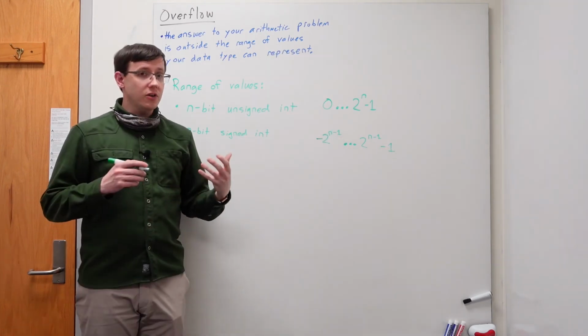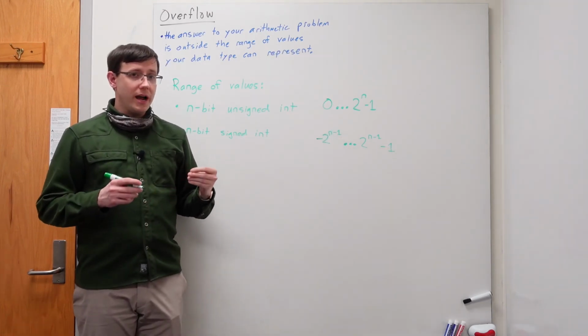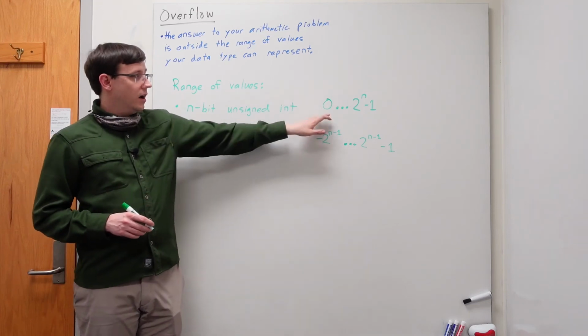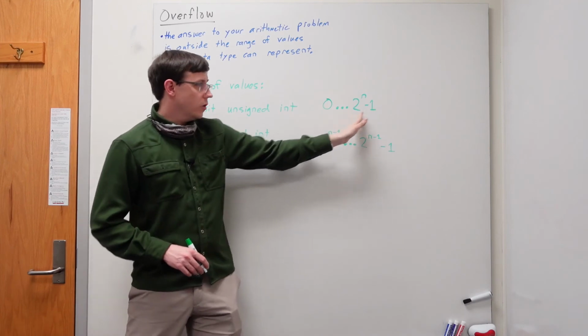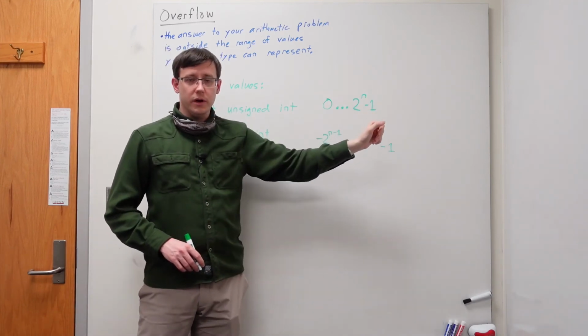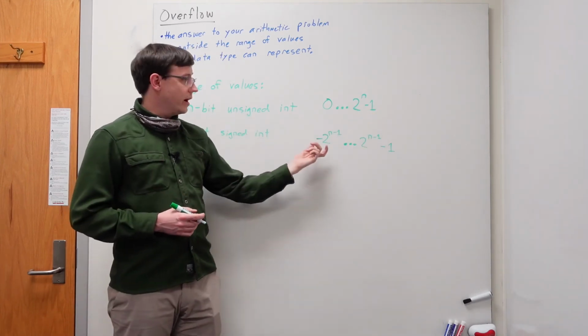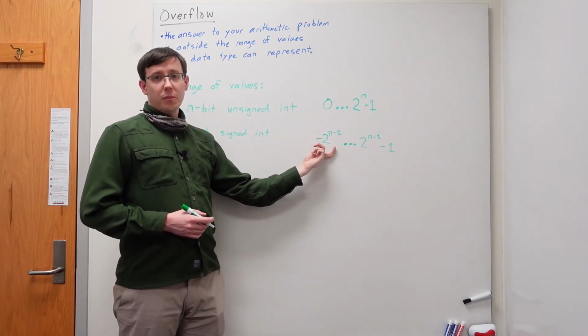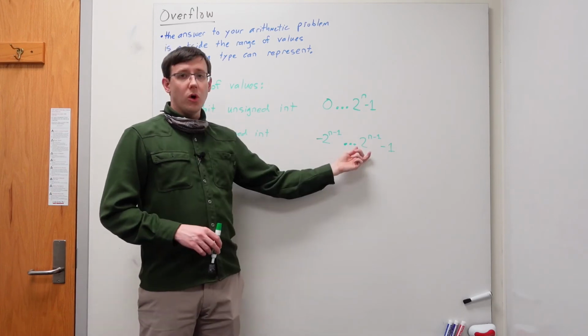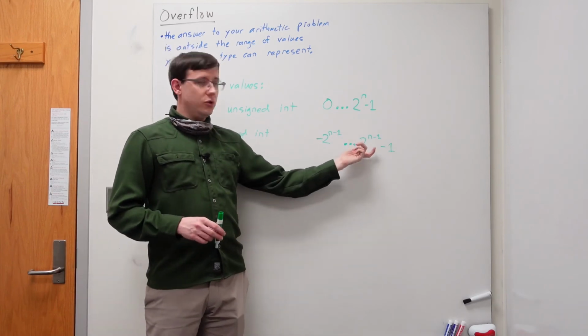And so to detect overflow, we want to figure out how we can identify the cases where unsigned arithmetic went less than 0 or greater than 2 to the n minus 1, as well as cases where signed arithmetic went less than minus 2 to the n minus 1 or greater than or equal to 2 to the n minus 1.